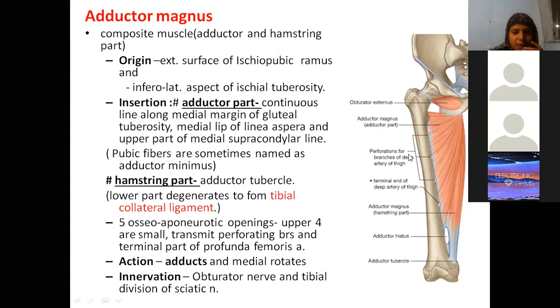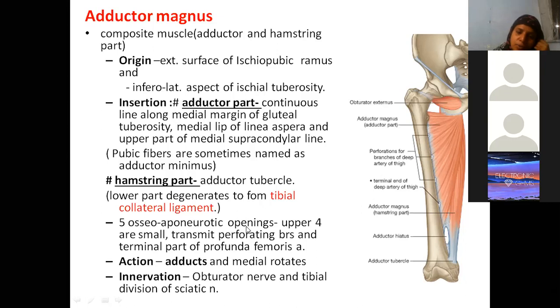Okay, then it has 5 aponeurotic openings. Aponeurosis means sheet of fascia which has no muscle fibers, right? External oblique aponeurosis, internal oblique aponeurosis, right? So there it has holes, no, beta. So it's very close to bone and aponeurosis. That's the reason it is called osteoaponeurotic opening.